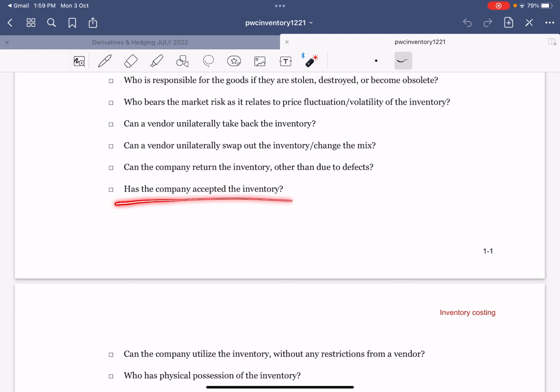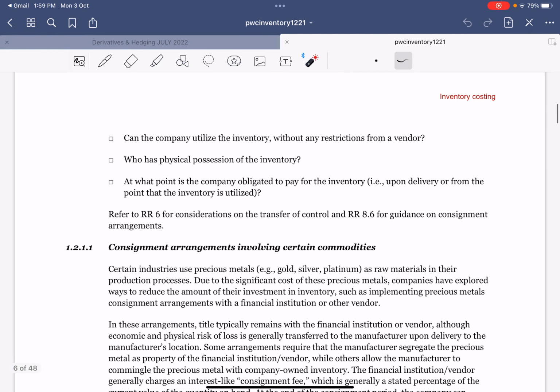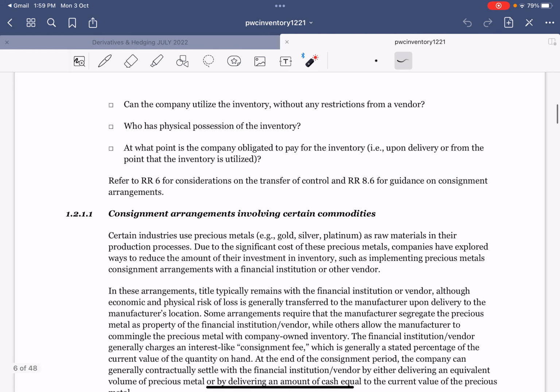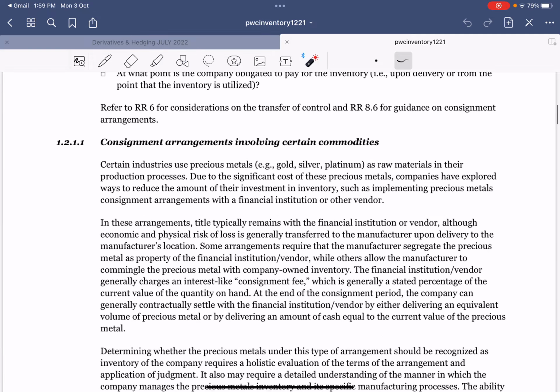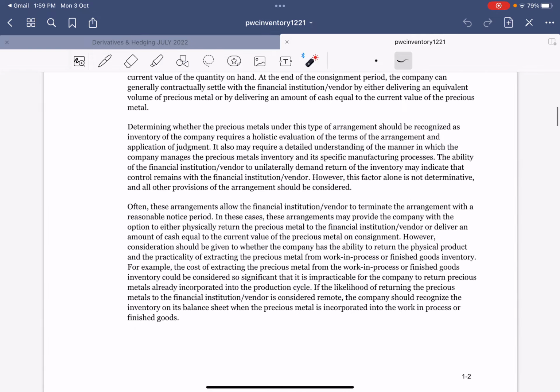Has the company accepted the inventory? So these are some considerations. Refer to the guidance on transfer of control and on consignment arrangements. Consignment involving certain commodities is a different concept, and it's not of our use.